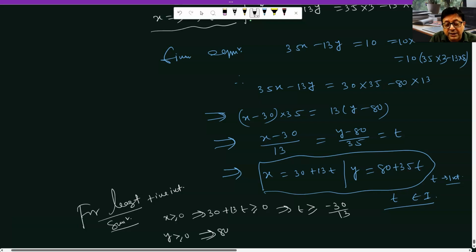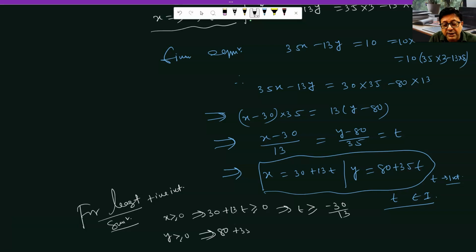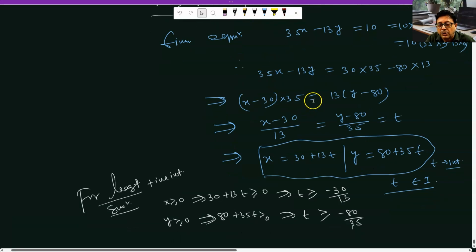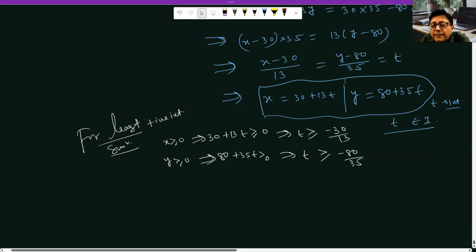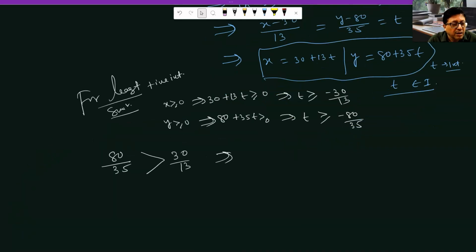This implies 80 plus 35t greater than or equal to 0, t greater than or equal to minus 80 by 35. Clear? So, if you plot on the number line, check which one is larger. Now, I have written it opposite. This is less than this. So this implies minus 80 by 35 is larger than minus 30 by 13.